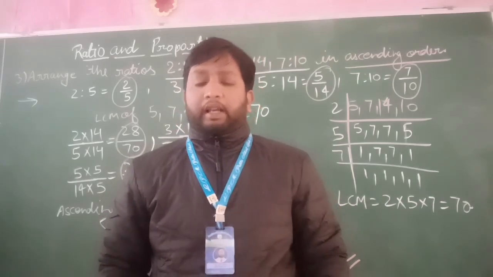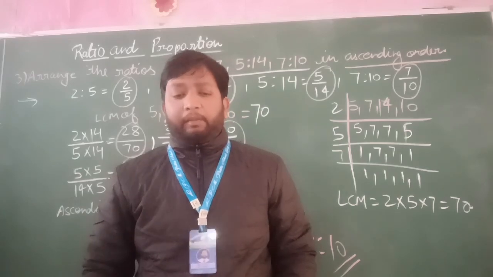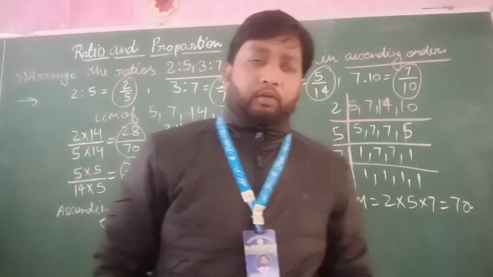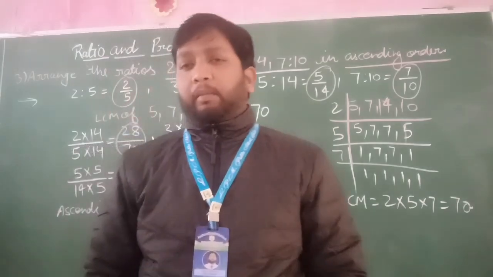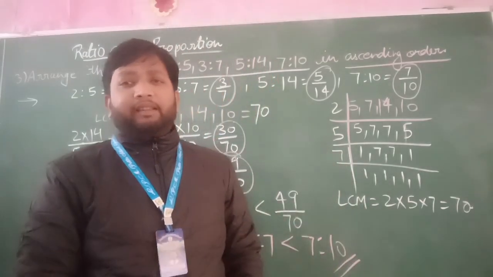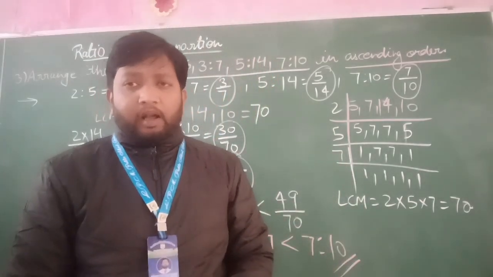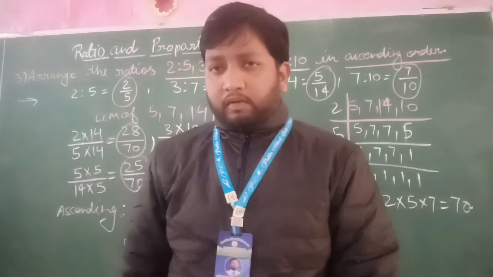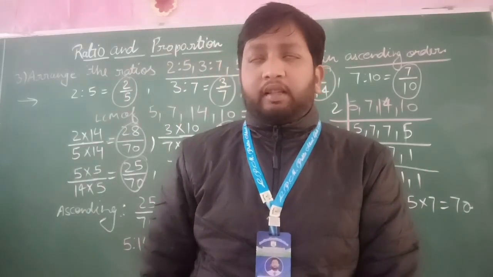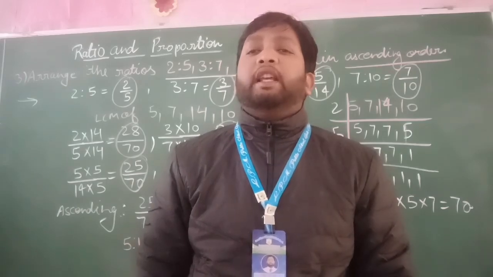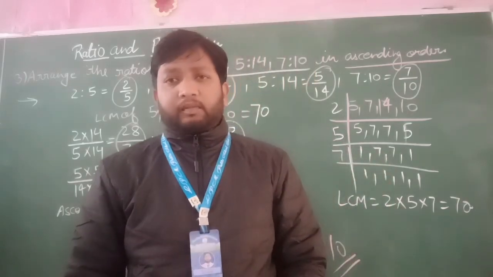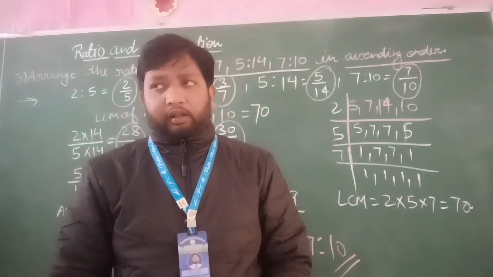These all we have studied, and I have taught you how to write in simplest form and how to compare the numbers. So here is another question on comparison of ratios, and that is how to write any given fraction or any given ratio in ascending order.